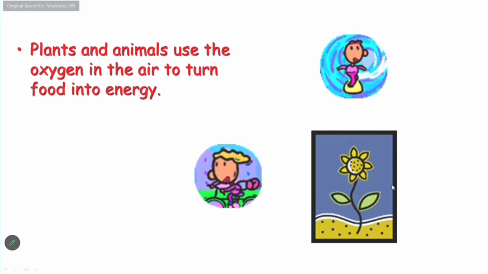Inside the body of the plant and animal, the food is burnt inside the cell, and the energy which is released is stored in the form of ATP, the energy currency, and the energy is used by our body. So it is the process of respiration which helps in the combustion of the food, due to which the energy is released.